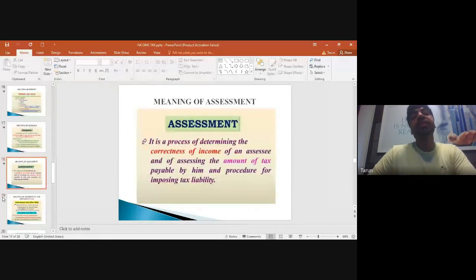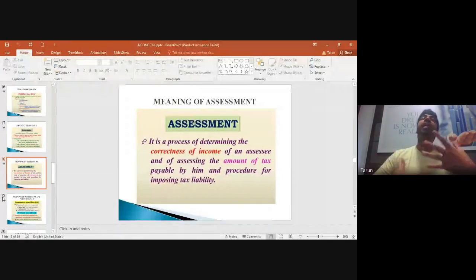Next one is assessment. What is the meaning of assessment? Assessment is a process where we determine whether the income that has been calculated is correct or not, whether the assessment of income has followed the exact rules and regulations of the act, and how the income has been calculated under the income tax policies.